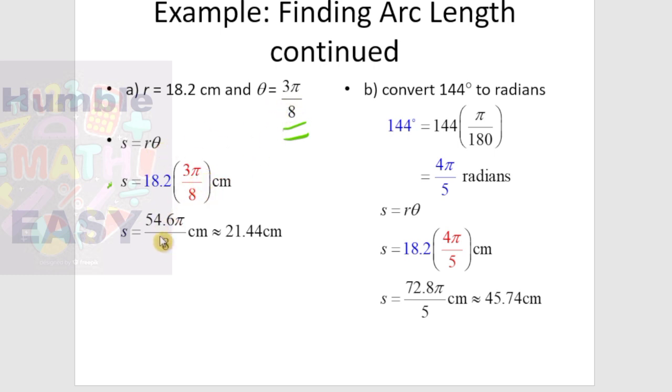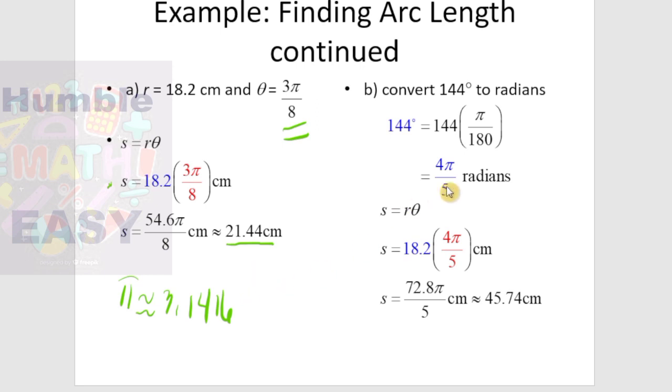So we have 54.6, because 18.2 times 3 is 54.6, times pi all over 8. Taking pi as approximately 3.1416, we multiply 54.6 by 3.1416 and divide by 8. Rounding to the nearest hundredths, the arc length of the given figure is 21.44 centimeters.